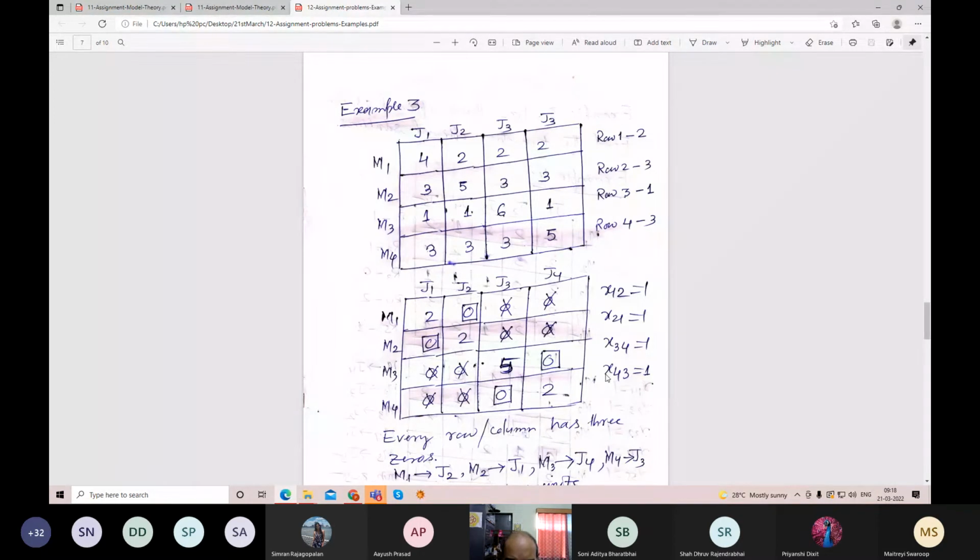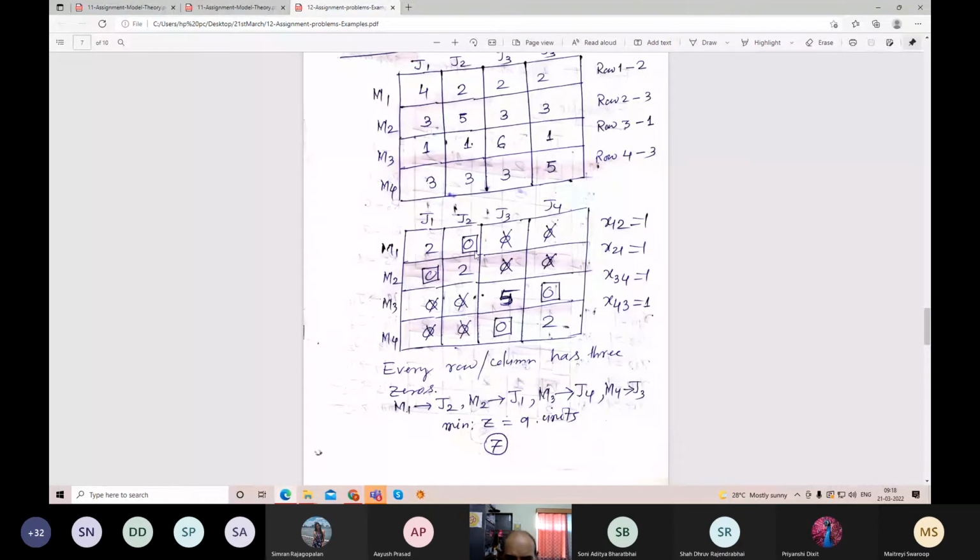In the reduced matrix, there is at least one 0 in every row and column. In this problem, what we observe is that every row and column has 3 zeros. So we assign to one of them and proceed.